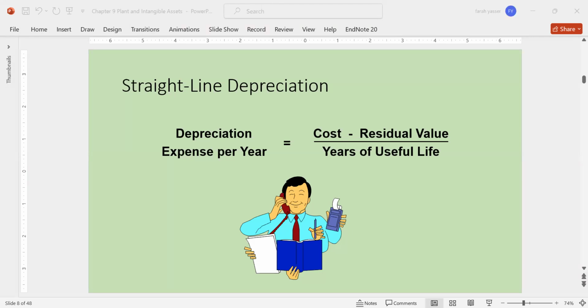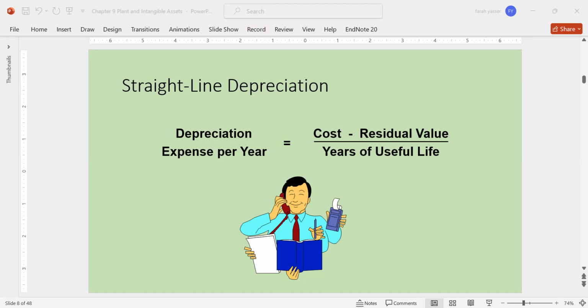Evenly means we calculate the depreciation amount and that amount is the same for each year till the life of the asset. So the same amount of depreciation expense is recorded, making it easy to calculate and apply.